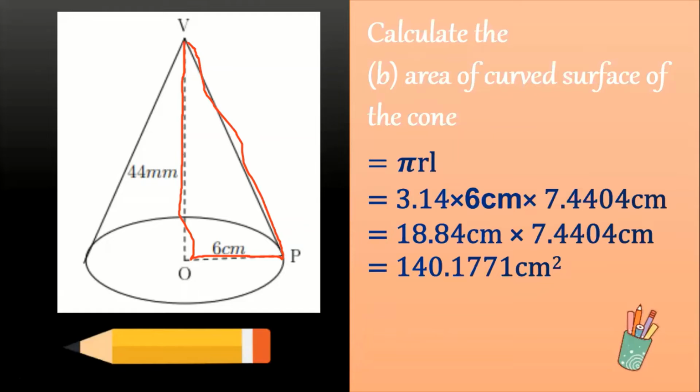When I multiplied 3.14 and 6 centimeters, I got 18.84 centimeters. I further multiplied 18.84 centimeters with 7.4404 centimeters, and this gave me 140.170 centimeters squared.